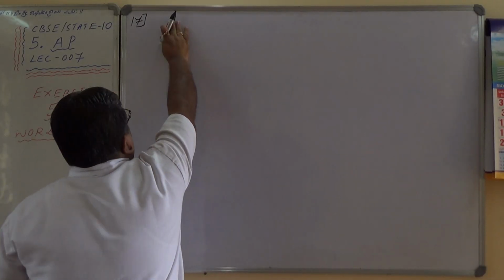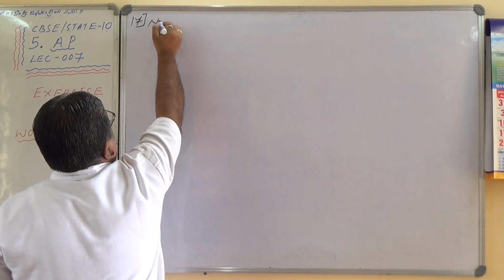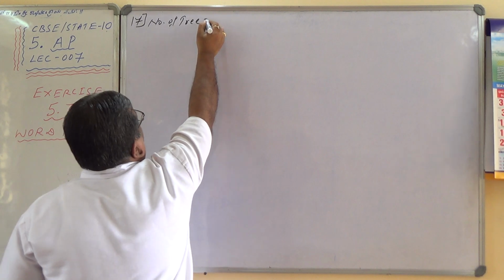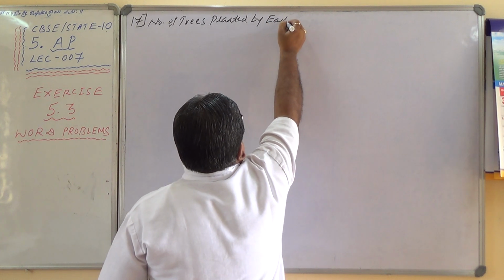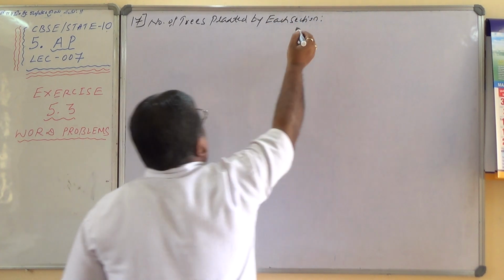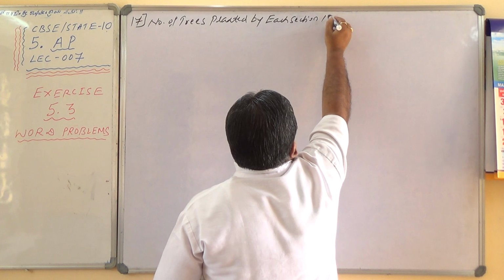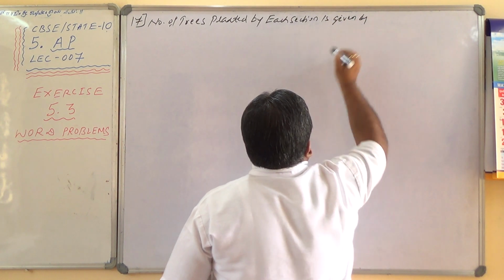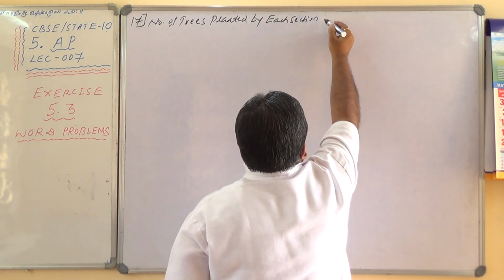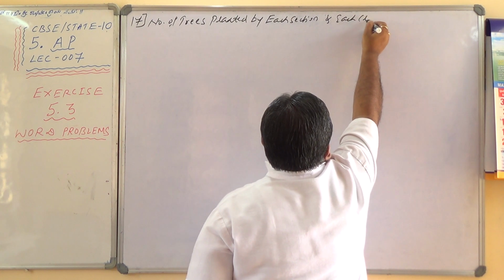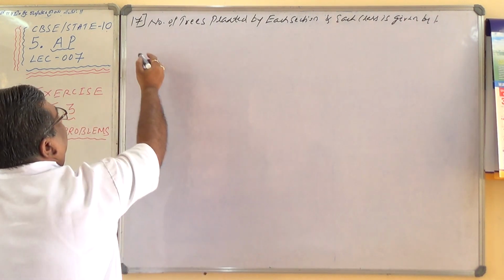So in the 17th question, the number of trees planted by each section and each class is given by, let us see, class 1.